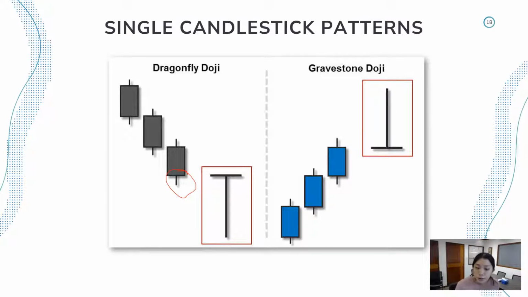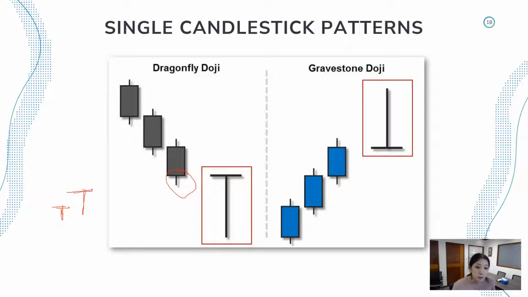Now the strength of this reversal pattern depends largely on how big the dragonfly is. If it's a small dragonfly like that, it's not significant enough. You need to see a bigger one, and if you see a bigger one, it gives you a clearer picture of how the price reacts.